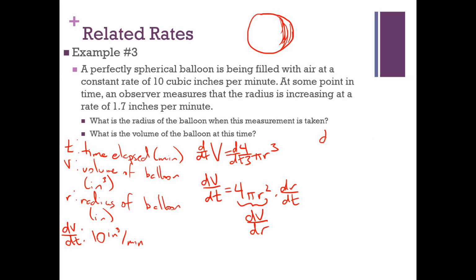So basically what we have is dV/dt is equal to dV/dr times dr/dt. Not really a coincidence that those things will cancel out on the right side, and it would just be dV/dt. But that is a good derivative of this equation.